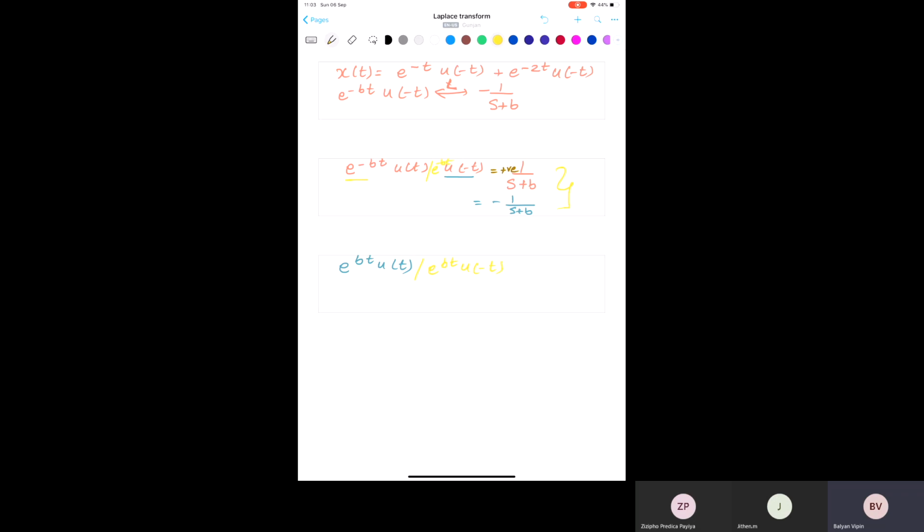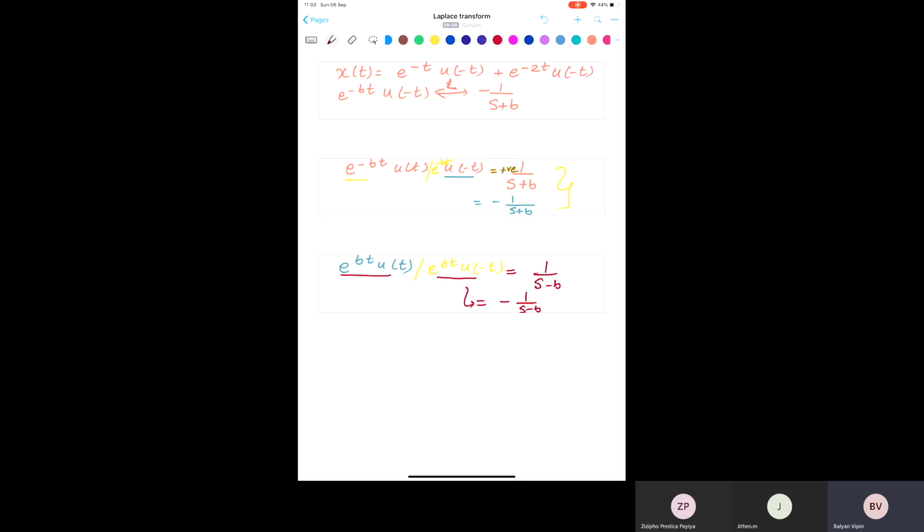When you have this, the answer will be 1 upon s minus p, and for this one, the answer will be minus 1 upon s minus p.